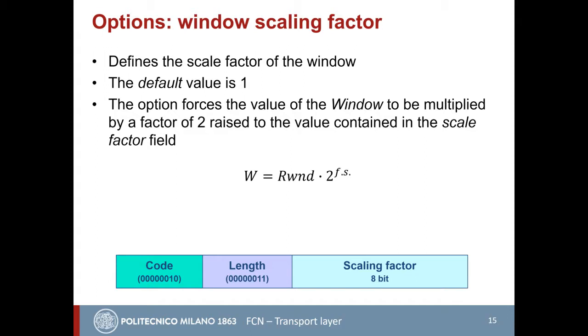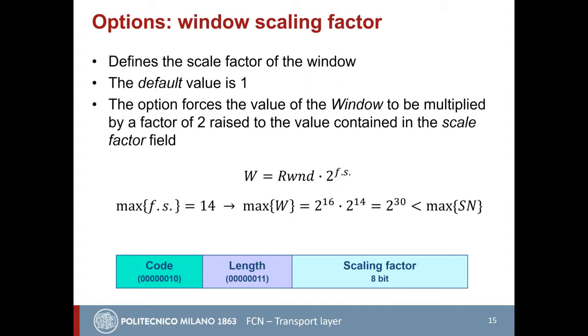the maximum value of the parameter is actually the receive window parameter. When it is used, the meaning is that the actual window size is what is written in the field of the segment, multiplied by 2 raised to the value contained in the scale factor field. Okay. And the maximum value for this field is 14, even if the field is 8 bits long.